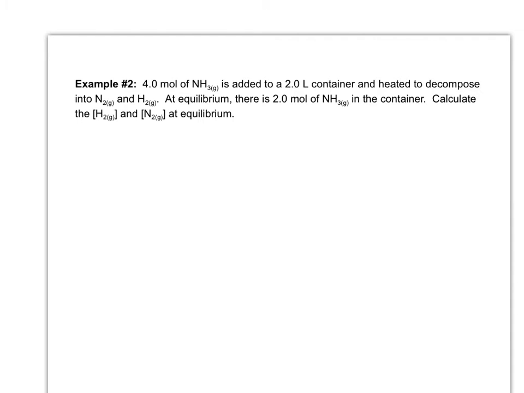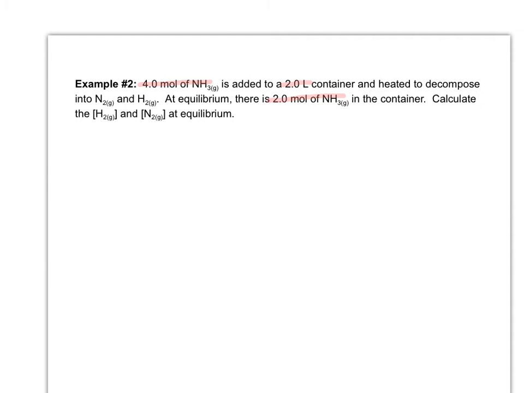So this example is a little bit different because we're not given our concentrations. Instead, we are given the moles of NH3 initially, and the moles of NH3 at equilibrium. And we know we have a volume of 2 liters in that container.